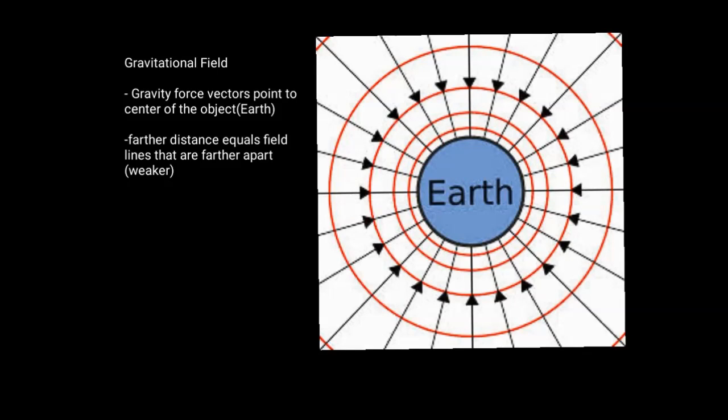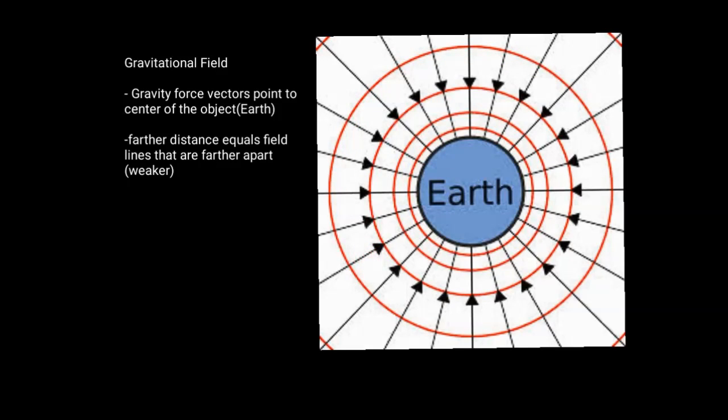The other thing you'll probably notice are these little red circular lines going out and above Earth. These are the gravitational field lines. As you go farther away, you notice that the distance between these gravitational field lines increases each time. That's because the strength of gravity gets less and less as you get farther away.